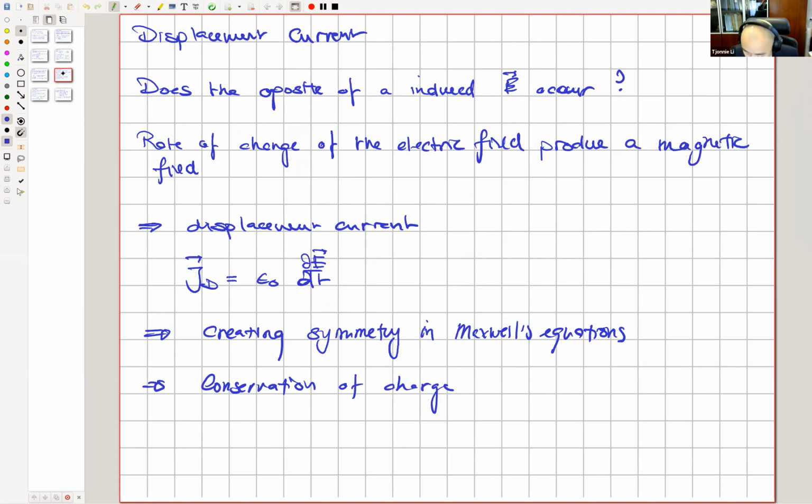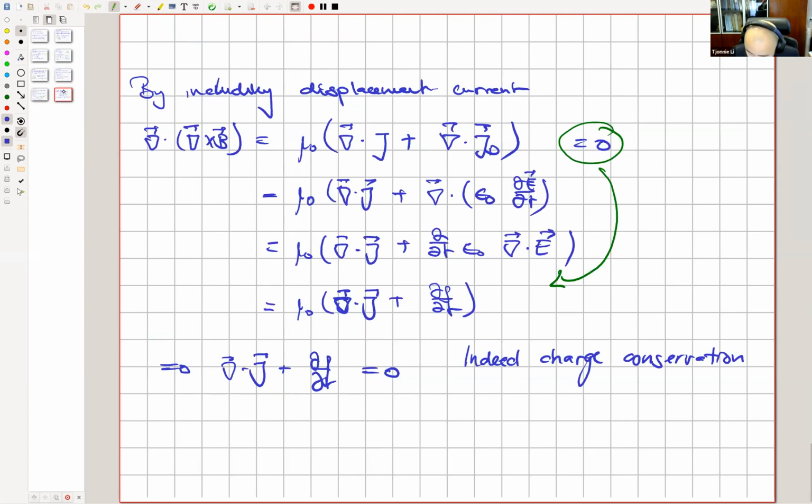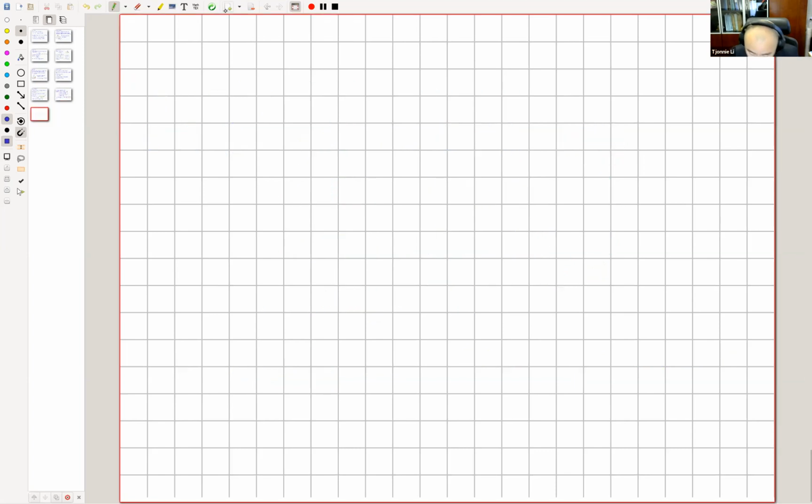Now, there is one question that I'd like to pose before I send you all off on a break. When we also have this displacement current, we now have Maxwell's equations.